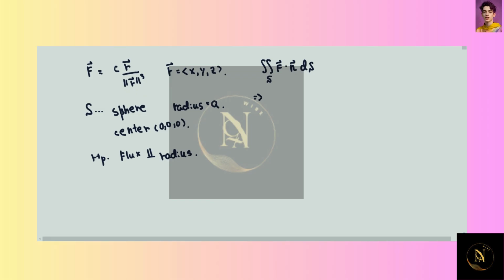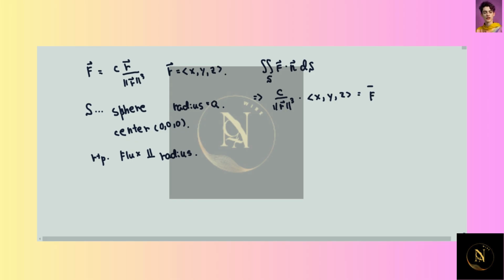F is simply equal to c over the magnitude of r cubed. Keep in mind that that is just a constant, so I can pull it out, and r is x, y, z. That's what our F is equal to.